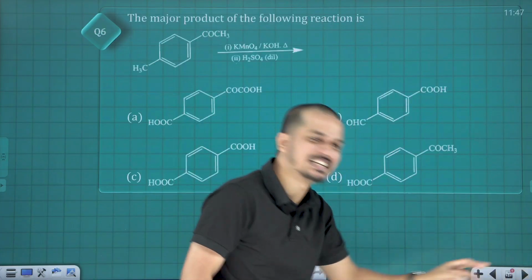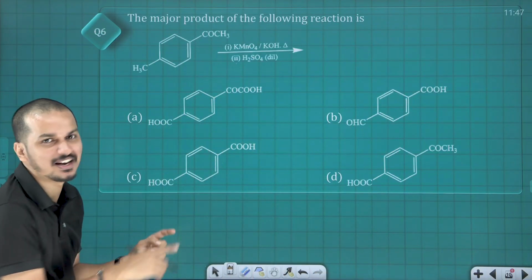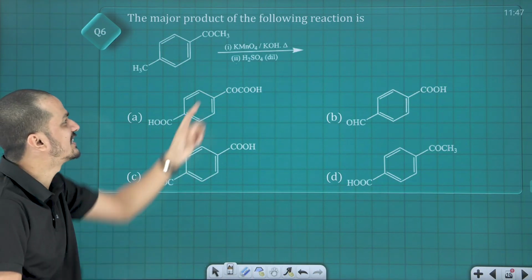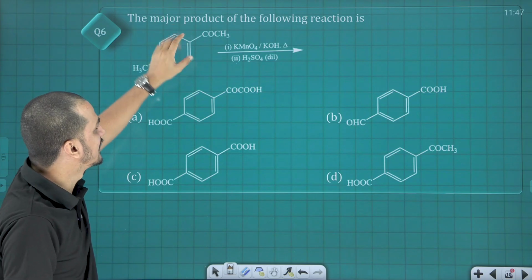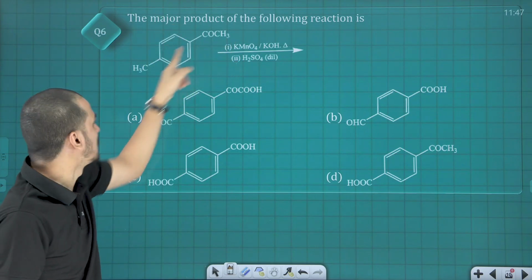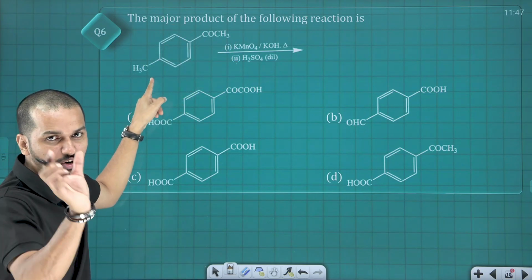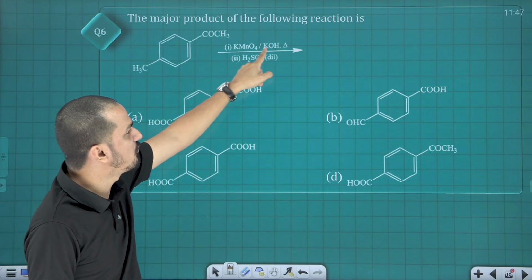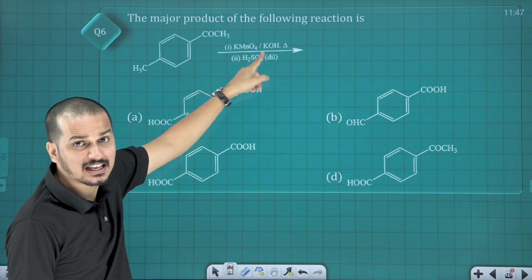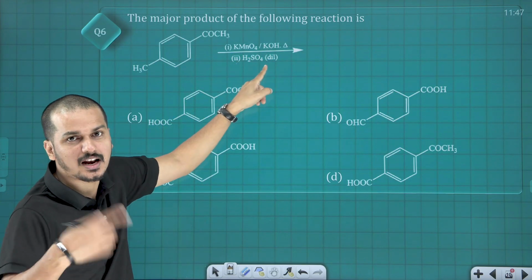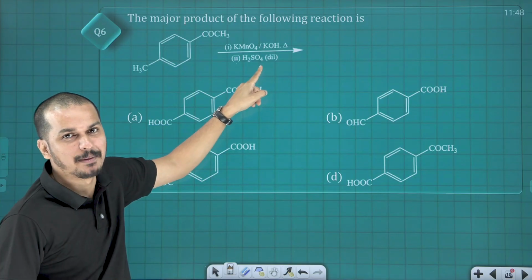Next one. It is a similar question, but here it is oxidation. You see here the benzene ring, here COCH3 ketone, as well as an alkyl group here. What are you treating it with? Alkaline KMnO4, then you are acidifying it.